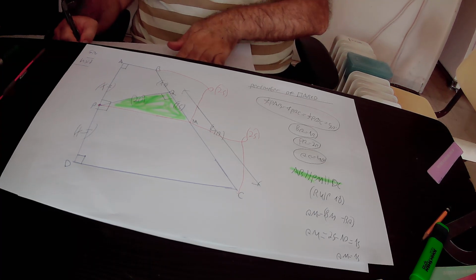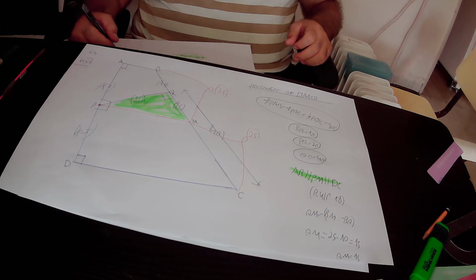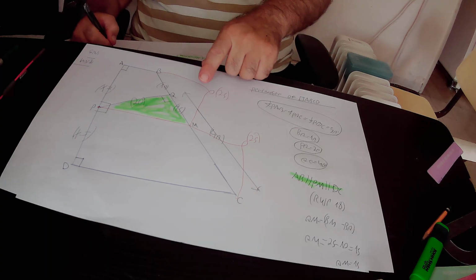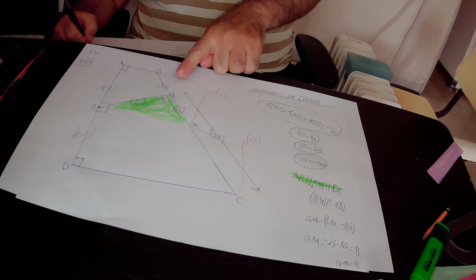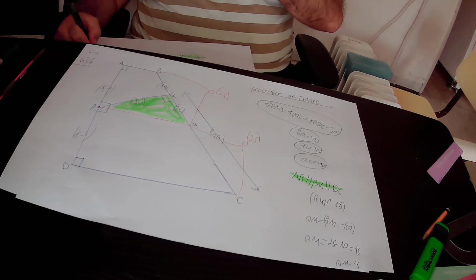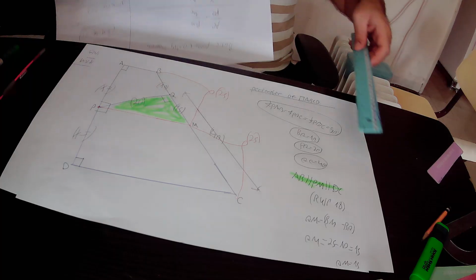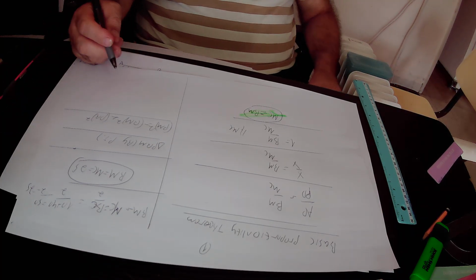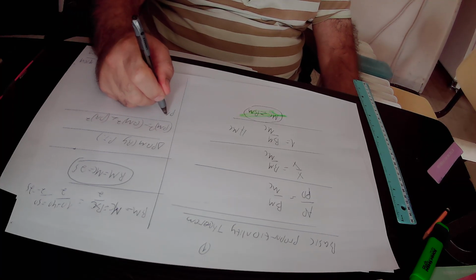So in this right triangle PQM, PM squared, that is the square of the hypotenuse, is equal to QM squared plus PQ squared. PM is the missing side, so we leave this as it is.